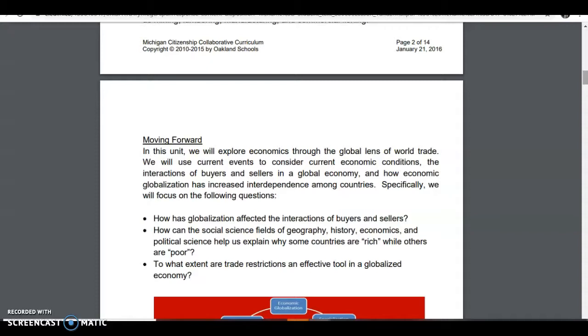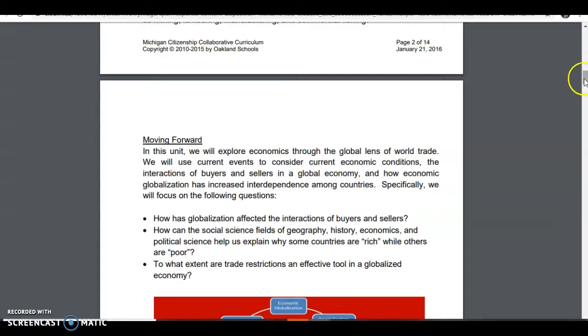Back when we were in the classroom, we talked about independent and interdependent. Independent is being able to take yourself to the movies, and interdependent is needing a parent to take you to the movies. So it talks about how globalization has increased interdependence among countries, where we are not as reliant on other countries for support.